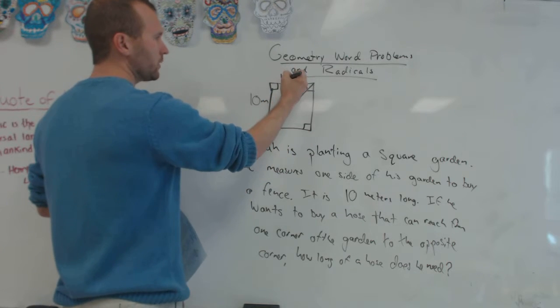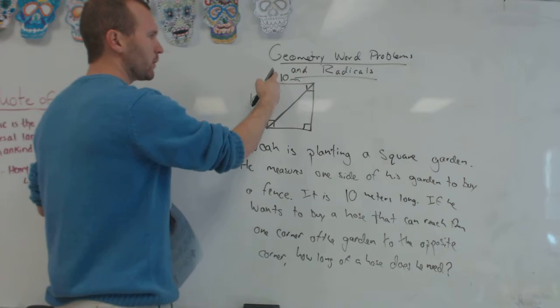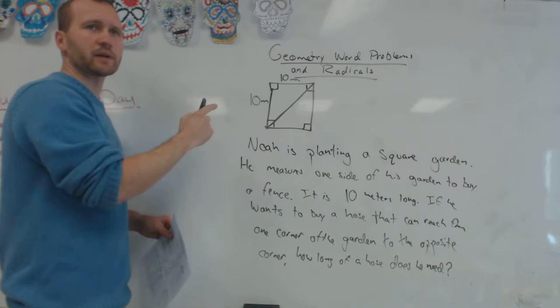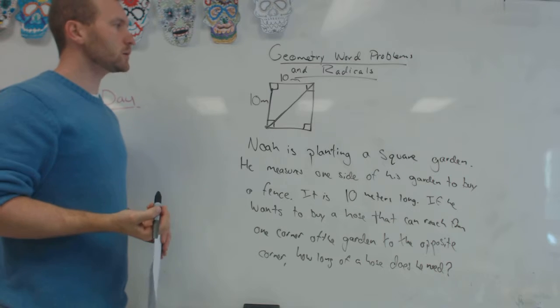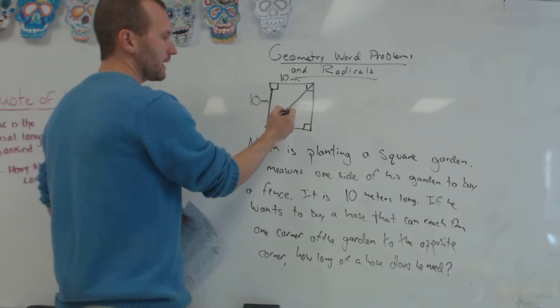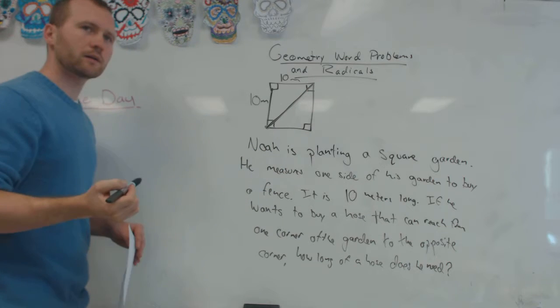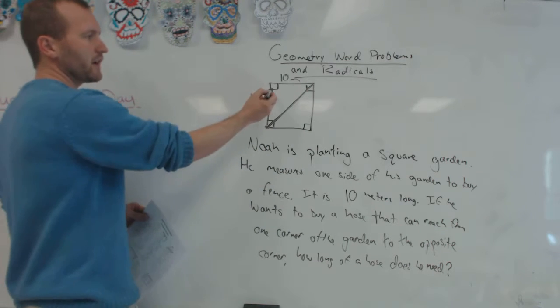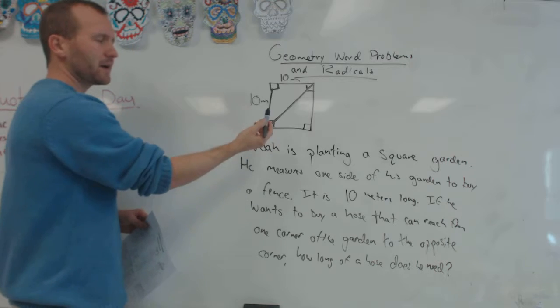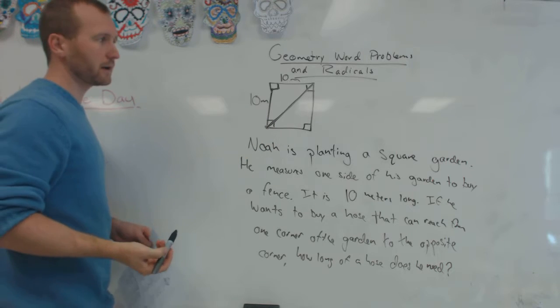Right? We know that since it's a square, both sides must be 10 meters, because in a square, all sides are equal. And so what is the length of this hose that reaches from this corner to this corner? Well, since we have a right angle here, we can use the Pythagorean theorem to find out.